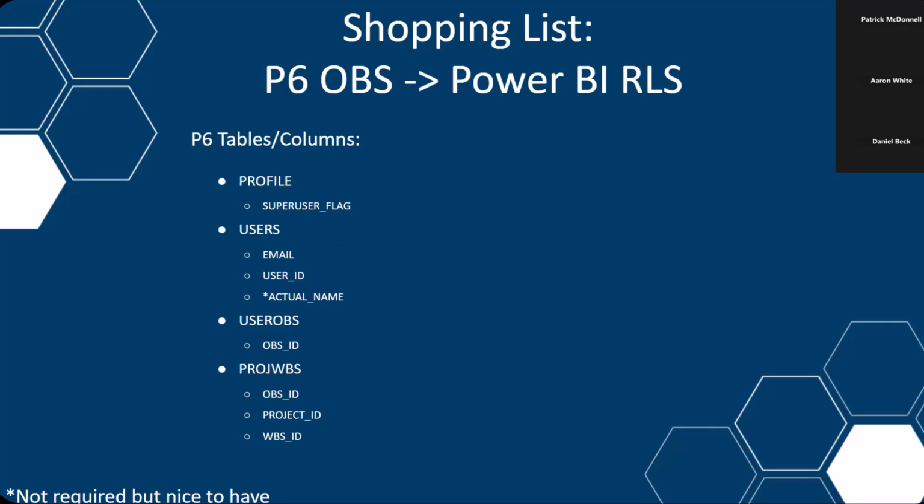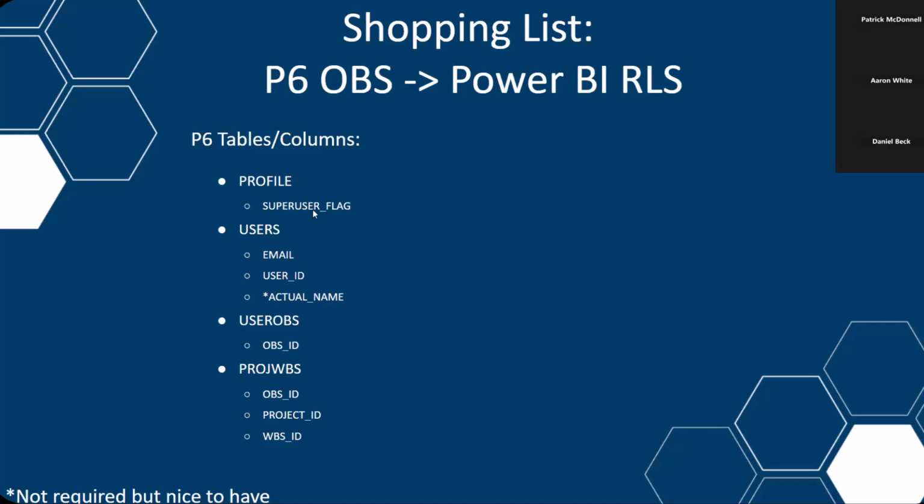All this proj WBS does is allow you to collect all the OBS codes and IDs that you need, and store and then apply them as that filter within the proj WBS, which then can expand to the rest of your dimensional model. So we'll talk a little bit more about that as we dive into Power BI Desktop. But just know that this can be changed with just a basic project dimension table or a task table. But in our case, we're just going to use project WBS.